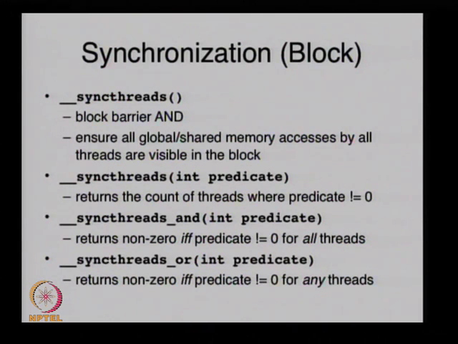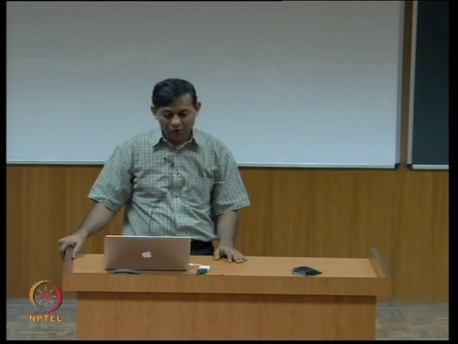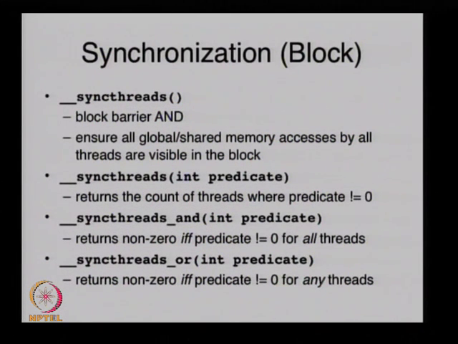There is sync threads with certain variants. For example, you can give it a predicate, an integer. Think of it as a predicate, and then among all the threads of the block, there's some commonality in that integer that can be evaluated. If you use the standard sync threads, then it does it with a predicate.